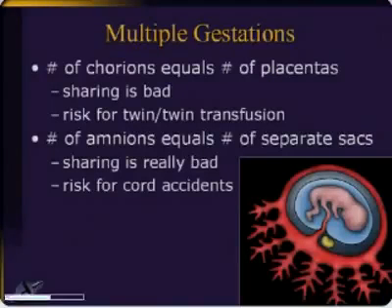Now, the way I like to think about this is that these guys are roommates in this house. The uterus is the house, and these guys are roommates in there. And in this house, you have a kitchen, which is the chorion, because the chorion is what made the placenta, which is the kitchen. And the amnions are the bedrooms that these guys get to live in.